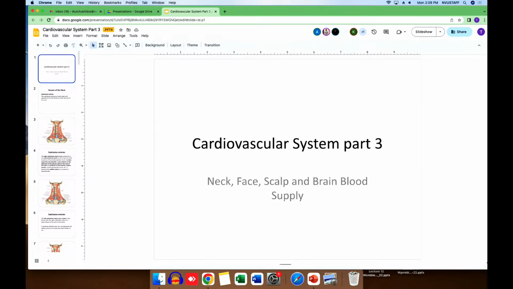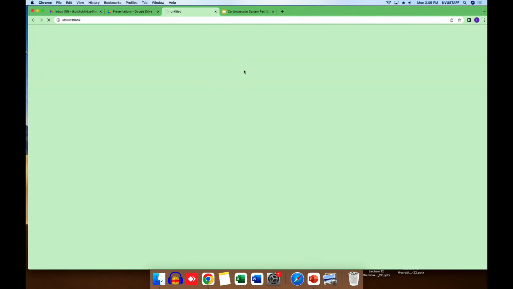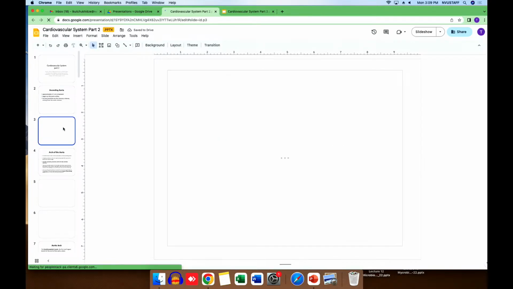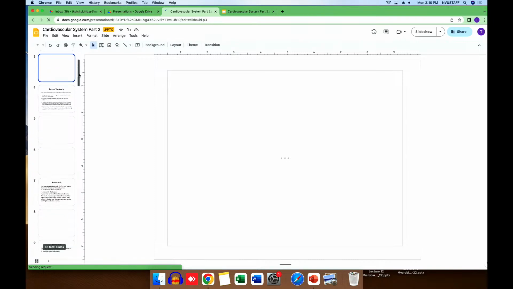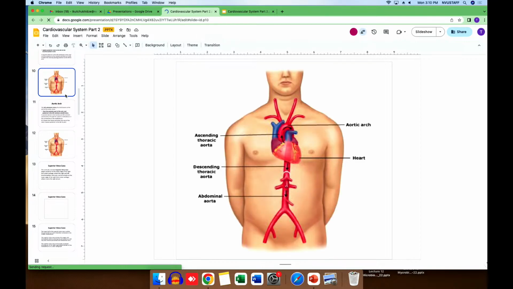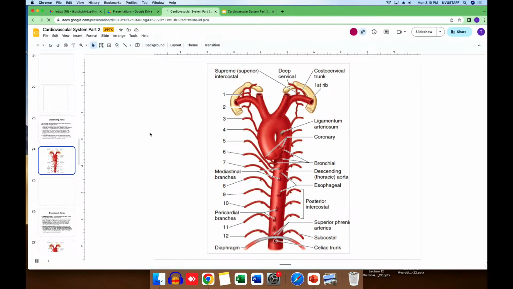So we remember the arteries and veins that we had on previous presentations, right? Let me open this one more time. We had this kind of structure. So yeah, we had the branches from the aorta which were coming out, for example, from the aortic arch.